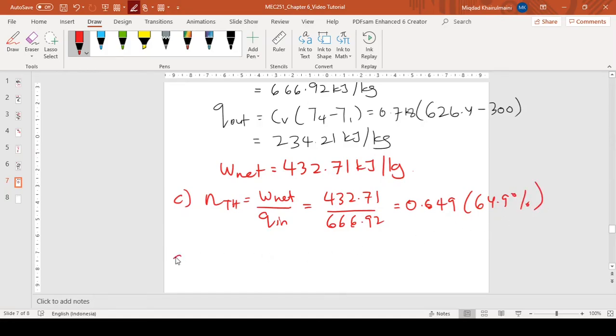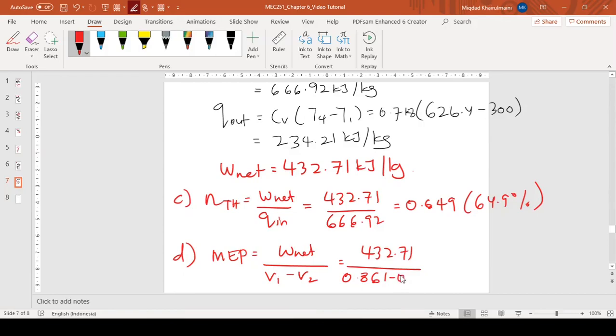And finally, for D, the mean effective pressure is the net work produced divided by the specific volume at state 1 minus the specific volume at state 2. So 432.71 divided by 0.861 minus 0.0583 gives us 536.1 kilopascal.